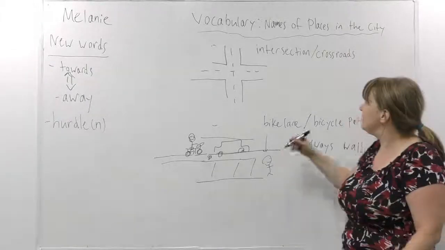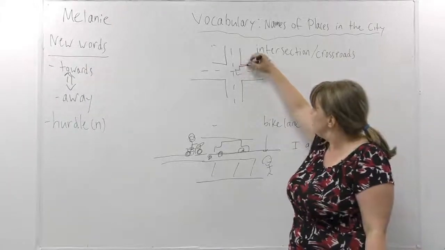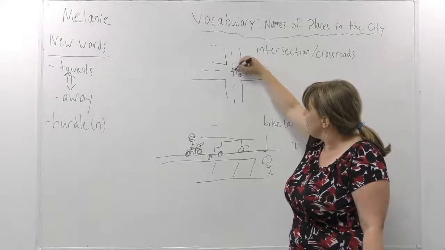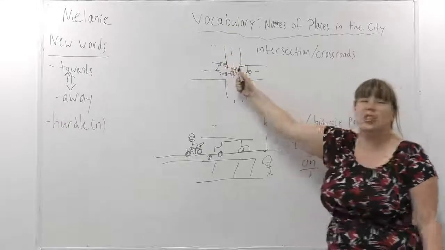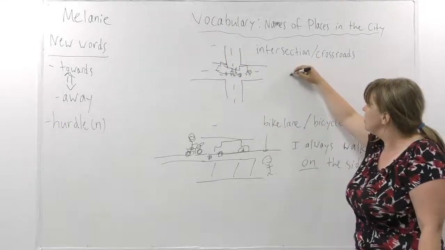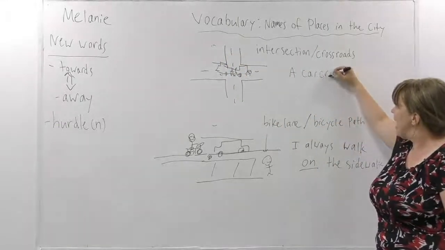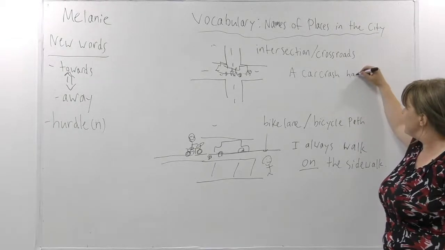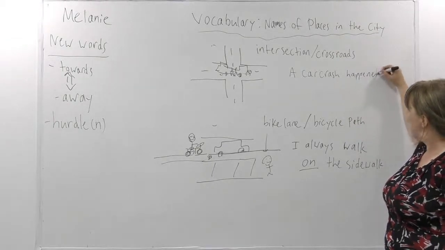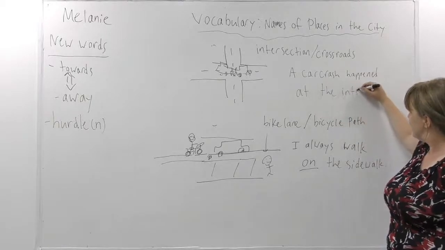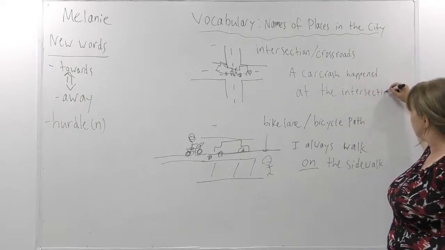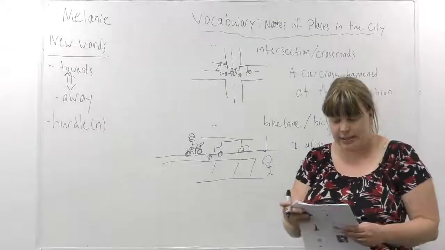So typically, let's say for example, there is a car crash. This is where car crashes usually happen. So a car crash happened at the intersection, or at the crossroads.